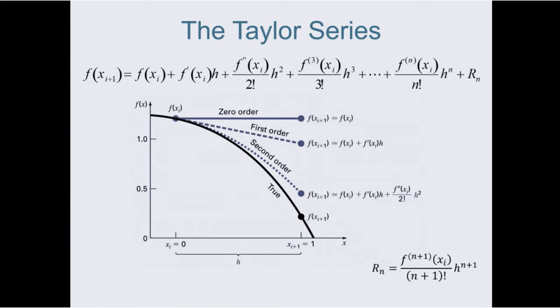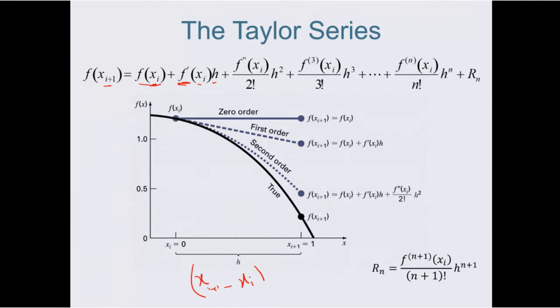We have taken this before in other courses. We know the Taylor series. If we have a point xi, then the function can be defined at point xi plus 1 using this infinite series as f of xi plus the first derivative at xi multiplied by h, where h is the step size, which is xi plus 1 minus xi.